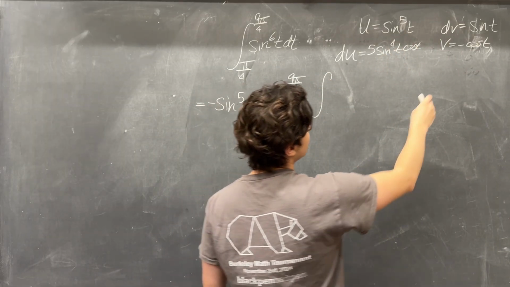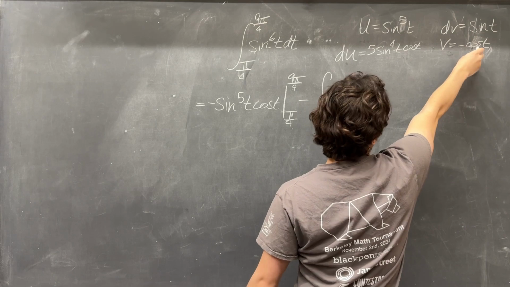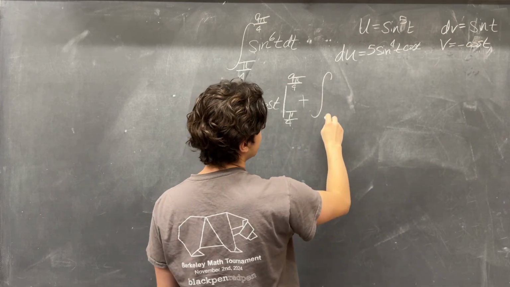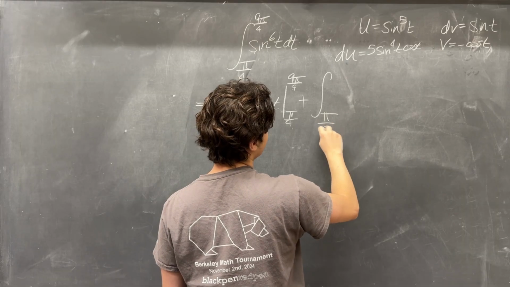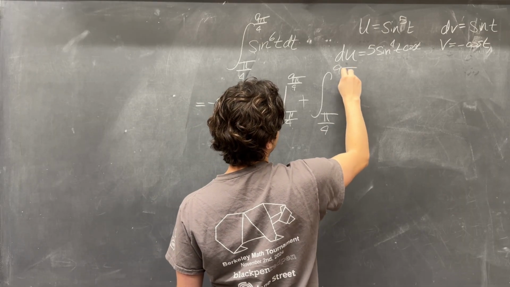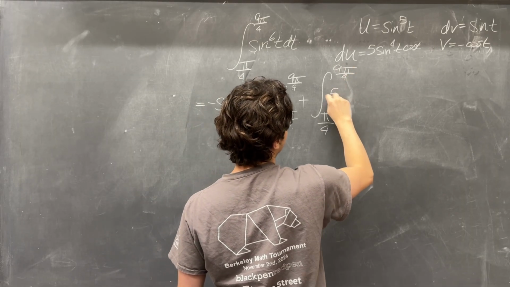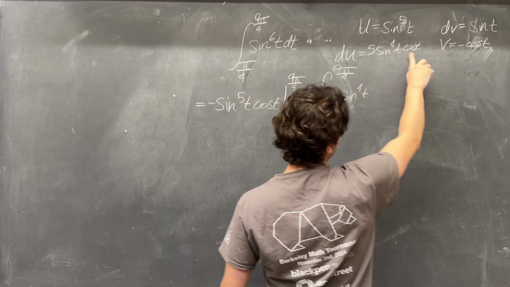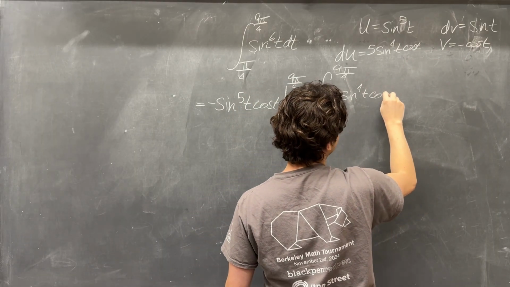Now, we're going to acquire another negative sign from the cosine t, so a negative and negative will become a positive. And so we'll get the integral from pi over 4 to 9 pi over 4 of 5 times sine to the fourth t, and then the cosine times cosine becomes a cosine squared.